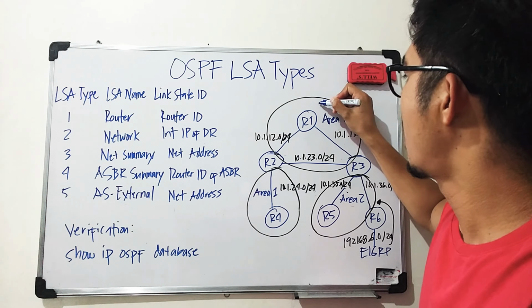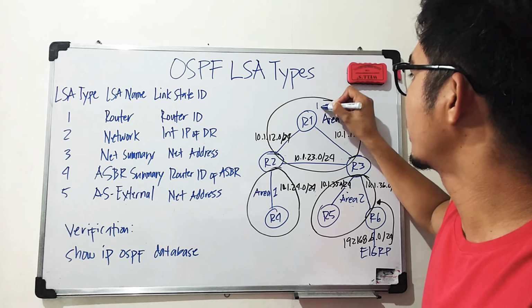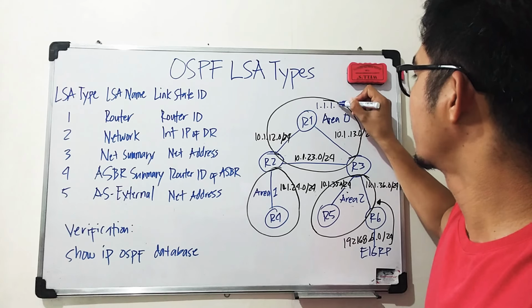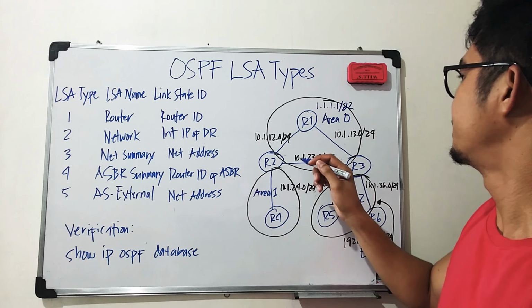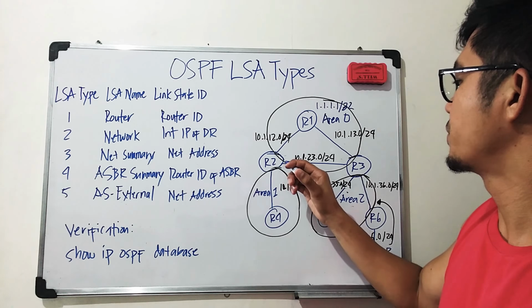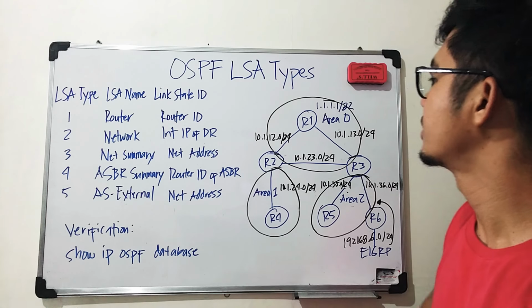So for example, R1, let's assume that it has a loopback address of 1.1.1.1/32. Same goes with R2 and R3, R4, R5, R6.